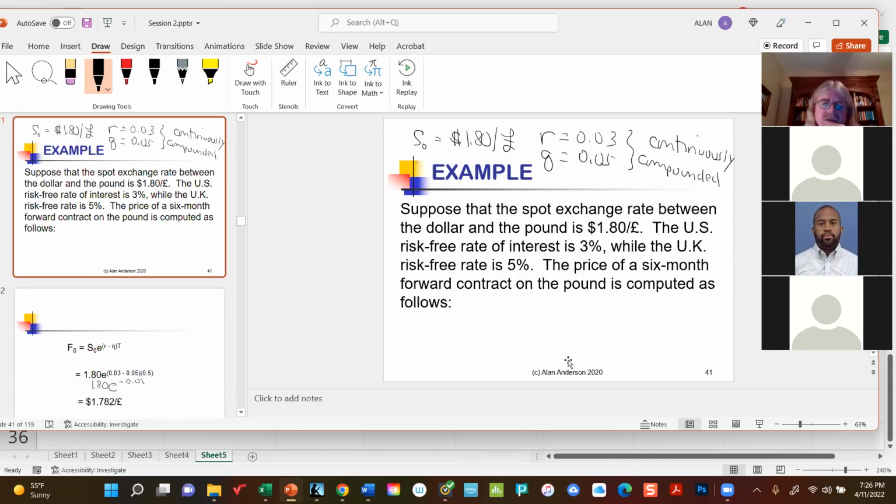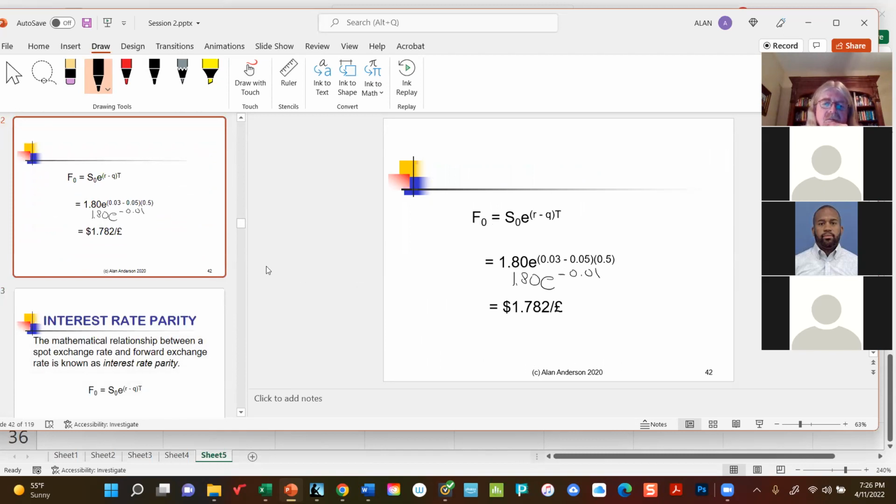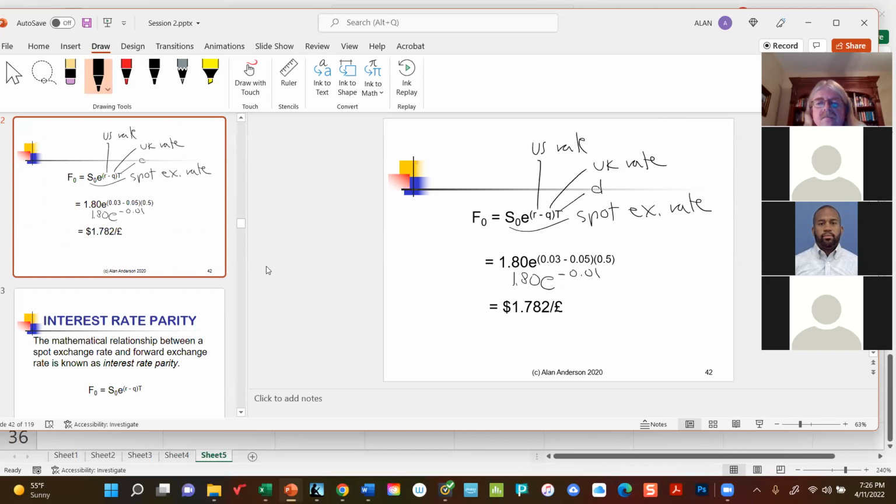Well, according to this formula, remember the US rate is here. This now becomes the UK rate. And T is just time. And this is the spot exchange rate. So if you plug in these, and it's only a 6-month contract, so think of that as the time to the delivery date or time to maturity.